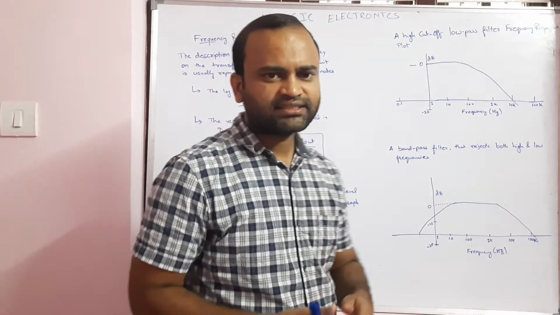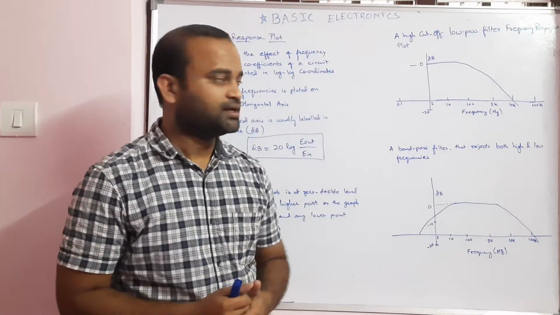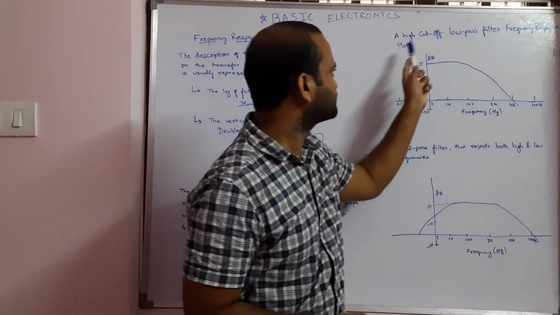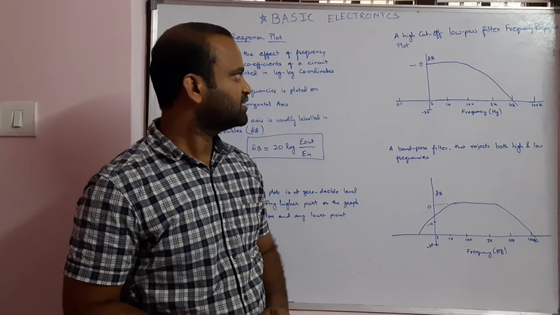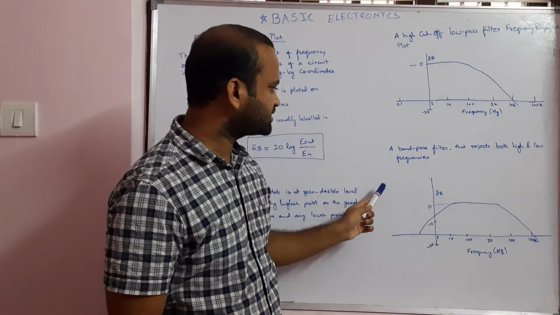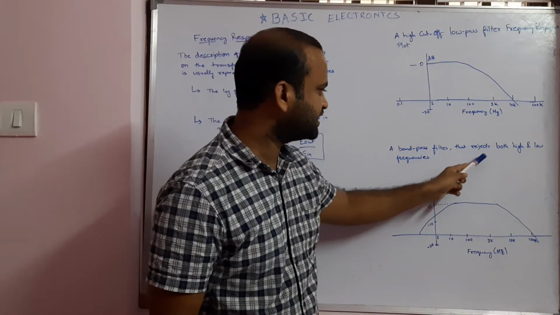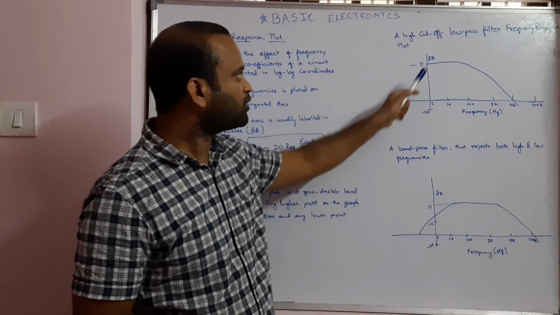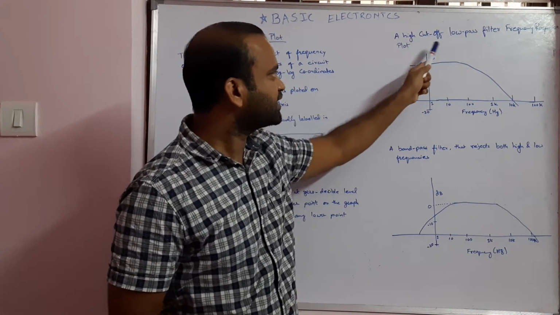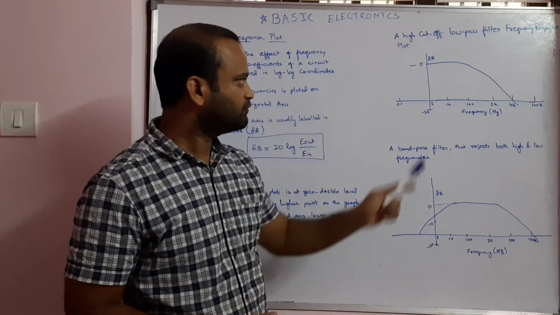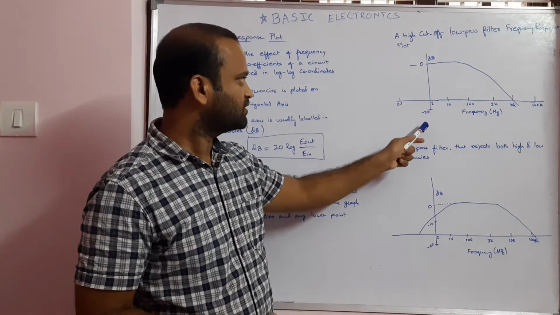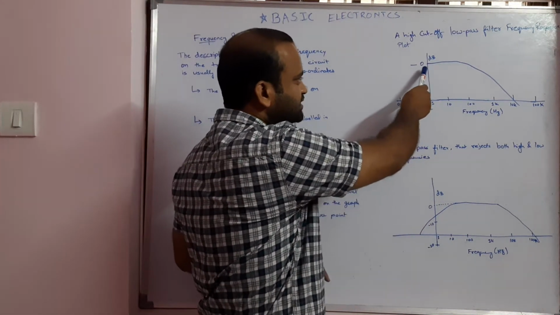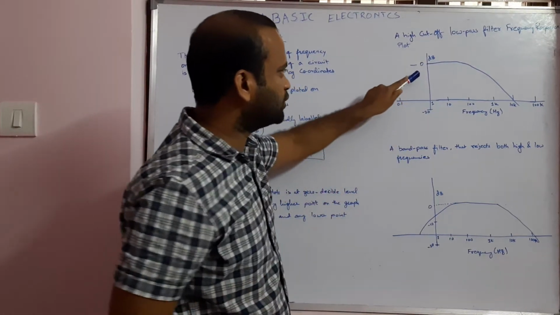Now, let us consider a few examples. Let us first consider a high cutoff low pass filter frequency response plot, and later, let us discuss a band pass filter that rejects both high and low frequencies. If you look at this graph, this is set to 0 decibels.